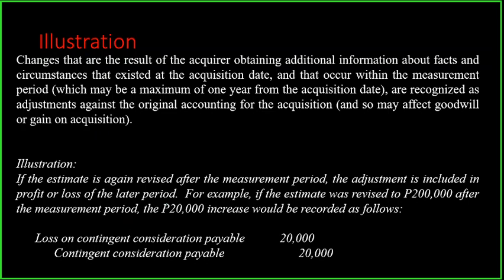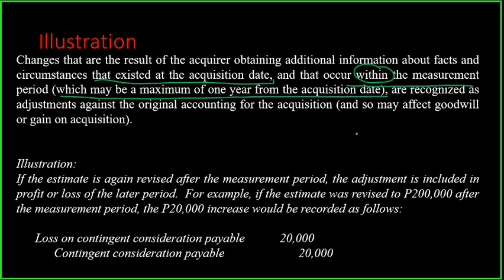Ayan. Now, other things to consider. Changes that are the result of the acquirer obtaining additional information about facts and circumstances that existed at the acquisition date and that occur within the measurement period. So, do you remember our measurement period? Which may be a maximum of 1 year from the acquisition date. We already discussed that. Tatandaan nyo yan, ha?